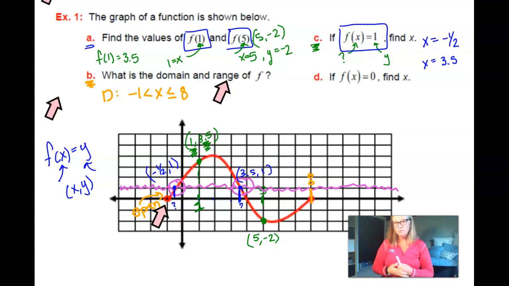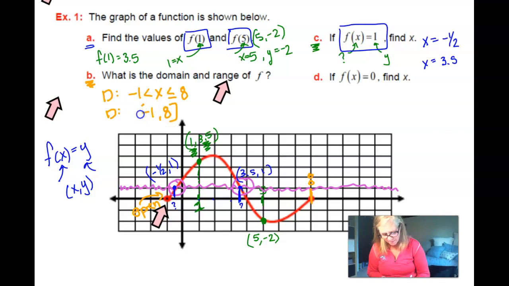Now we will be using bracket notation, and bracket notation is when we use parentheses. And so negative 1 to 8, it looks like an ordered pair, but we have brackets on there. Now notice I have 2 different kinds of brackets. Whenever you have just a less than symbol or a greater than symbol, you would have a round bracket.